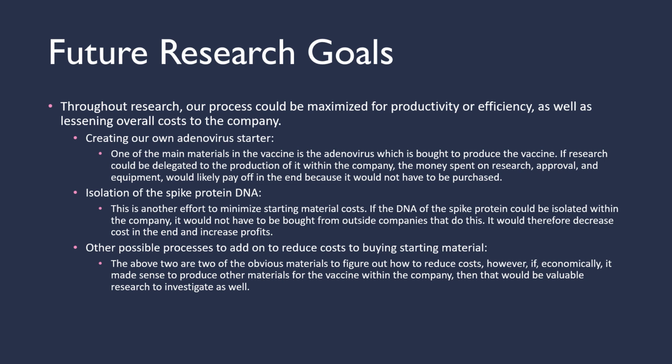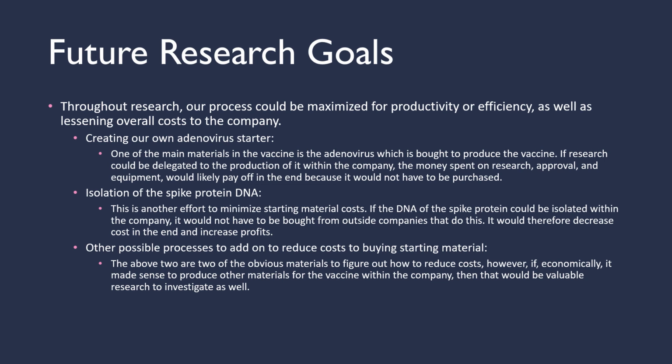Another starting material that is bought for the process is the spike protein DNA. If it was possible to isolate the DNA within our manufacturing facility, it would reduce costs going towards the purchase of this DNA.